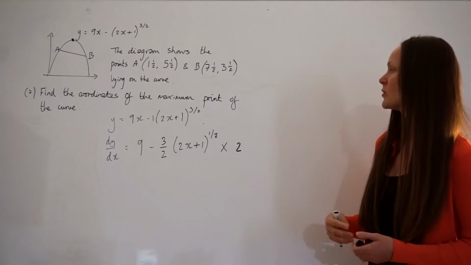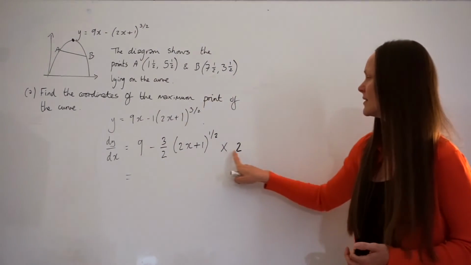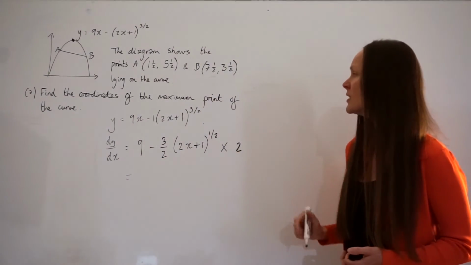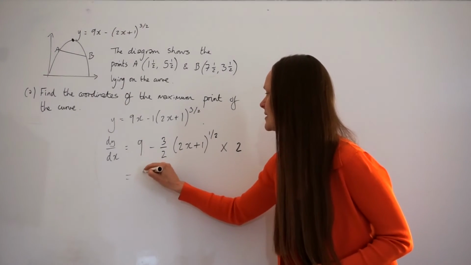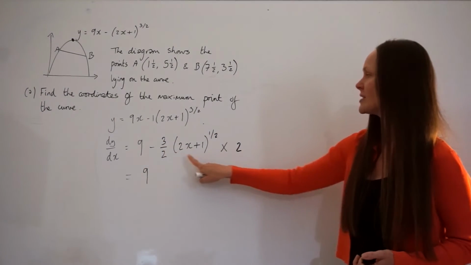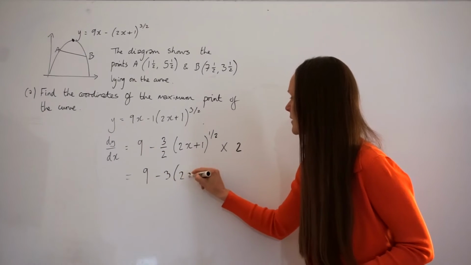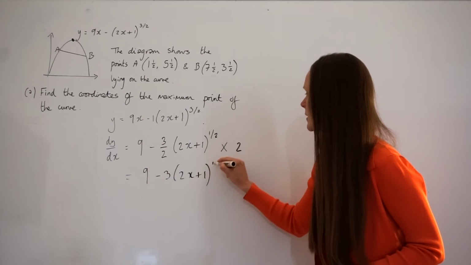And next, I'm just going to tidy this up, simplify. So I'm going to multiply these two numbers together. The 9 stays as it is. Negative 3 over 2 multiplied by 2 just leaves us with negative 3. And everything else here stays the same.